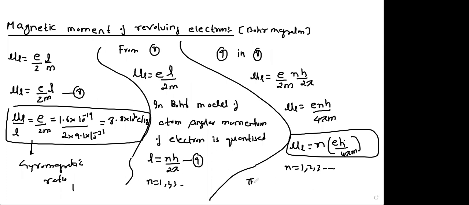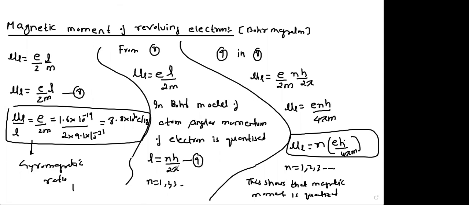This shows that the magnetic moment is quantized. Quantized means the quantity cannot have arbitrary values. Its values are fixed. If you look at this expression, h is Planck constant, fixed, 2 is fixed, pi is fixed. L can have only those values which are multiples of h by 2 pi.